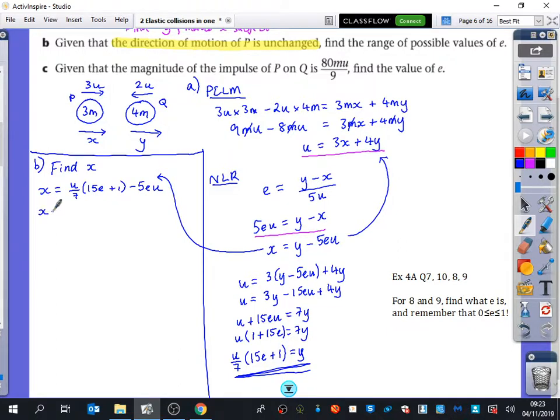So all I need to do is just a bit of tidying up on this side. I'm just going to have to do some multiplying out. So I'm going to have 15 over 7 eu plus u over 7 minus 5eu.